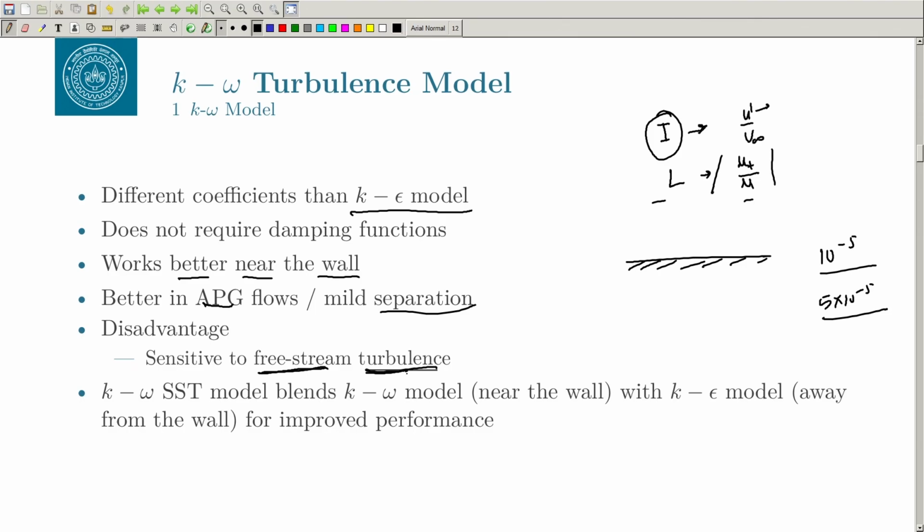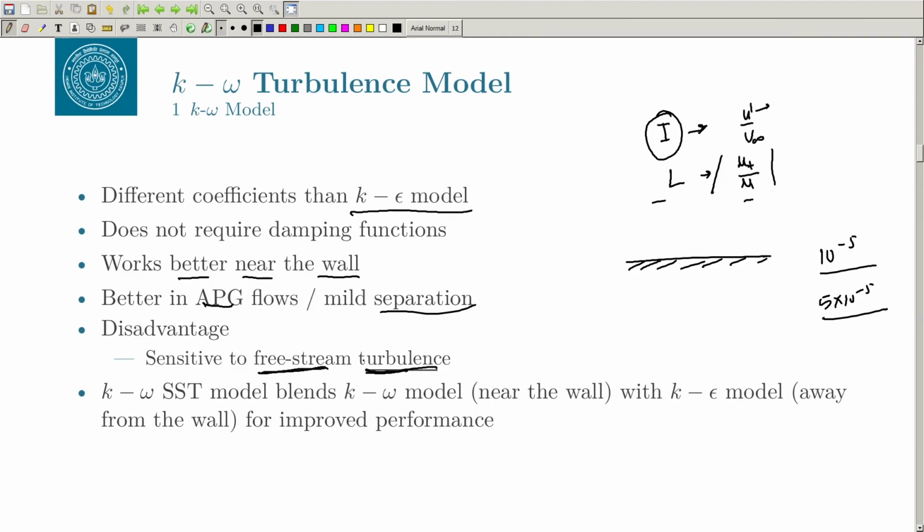Because of this sensitivity, the model is not very good, because when you do an experiment and try to measure the turbulence, there is always some uncertainty. If the model does not account for that uncertainty and gives drastically different results, then the model is not good for your CFD. That is the reason it does not work well for a wide class of flows.